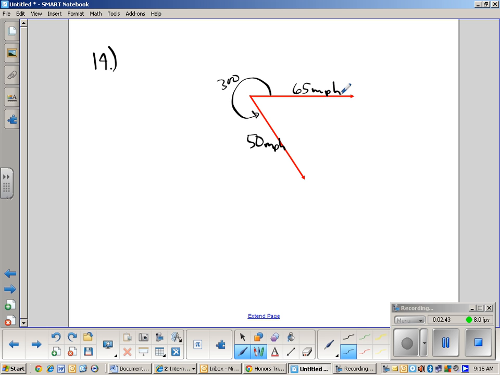Okay? So they give us this drawing, and they want us to find the resultant vector, right? The magnitude of the resultant vector.